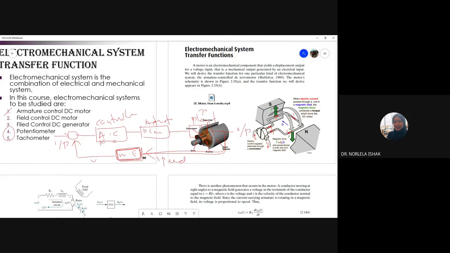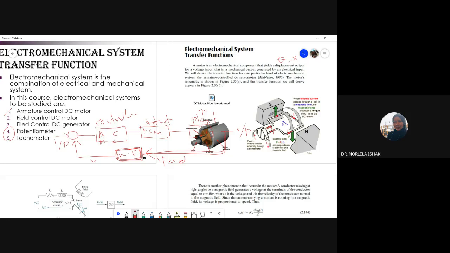What is a motor actually? A motor is an electromechanical component that yields a displacement output, meaning output from the motor is displacement. Displacement is an angle, or x, depends. If it rotates, it is theta, right? Displacement, whether x or angular.